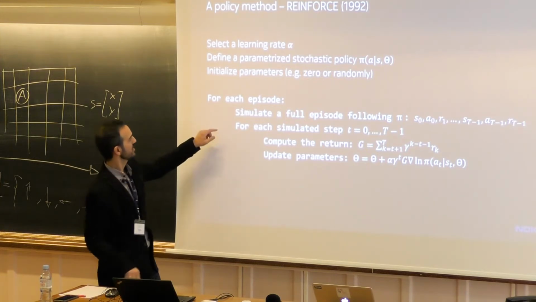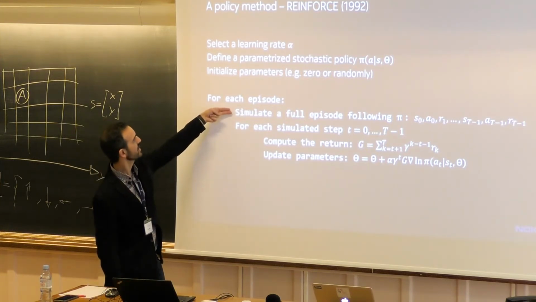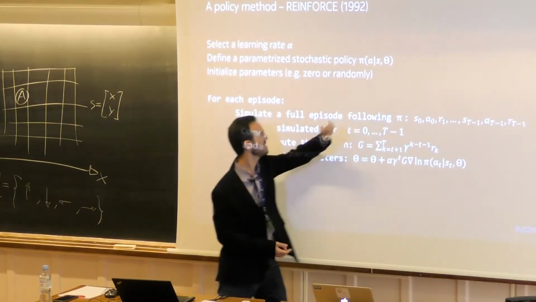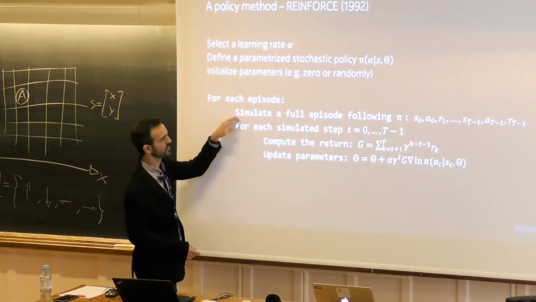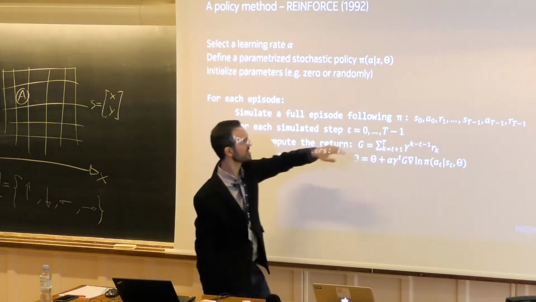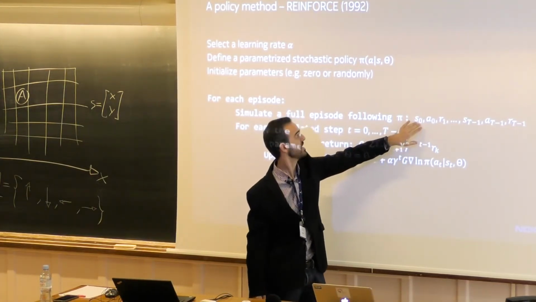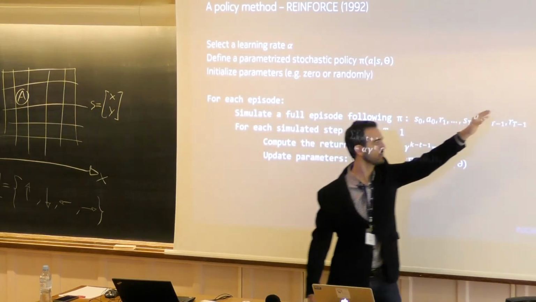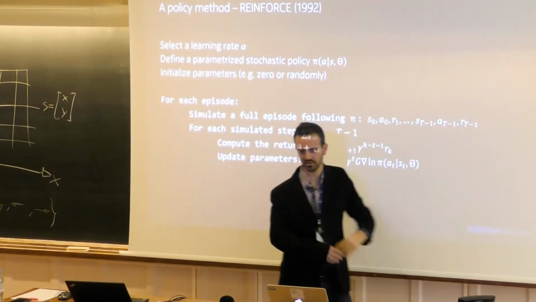Just look at this line here. You begin with some random policy that you can randomly initialize, and then you follow this policy and capture what we call a trajectory, a full episode. Your agent begins in some state, uses this policy to take an action, gets a reward, and reaches a new state. You do this as many times as you want, or until the episode ends.